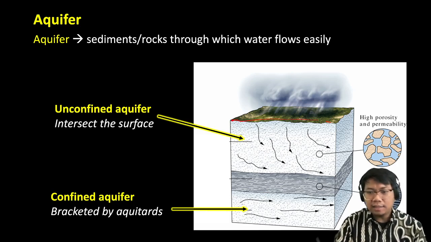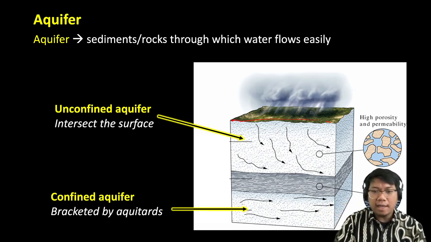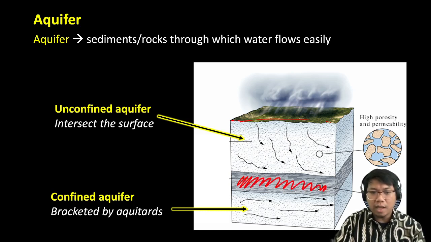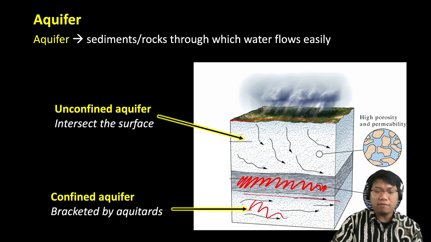Now that is completely different with confined aquifer. Confined aquifer typically is kept by what we call an impermeable layer right here. So we have an aquifer here, and at the top of it there's an impermeable layer that sits on top of that aquifer, and that will be called confined aquifer.